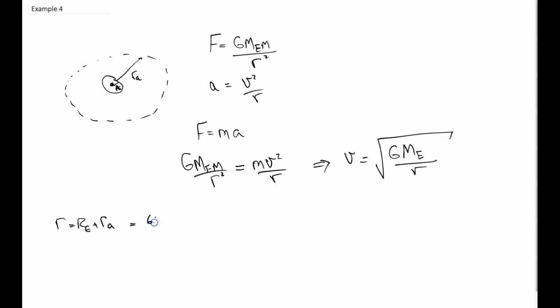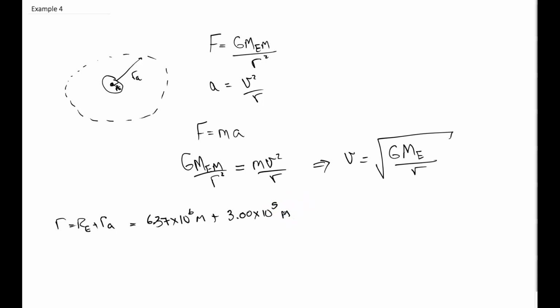So this is 6.37 times 10 to the 6 meters plus it's 300 kilometers above, so that's 3.00 times 10 to the 5th meters.